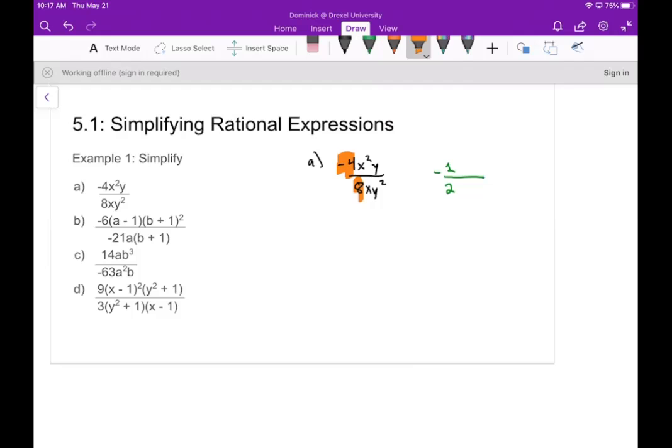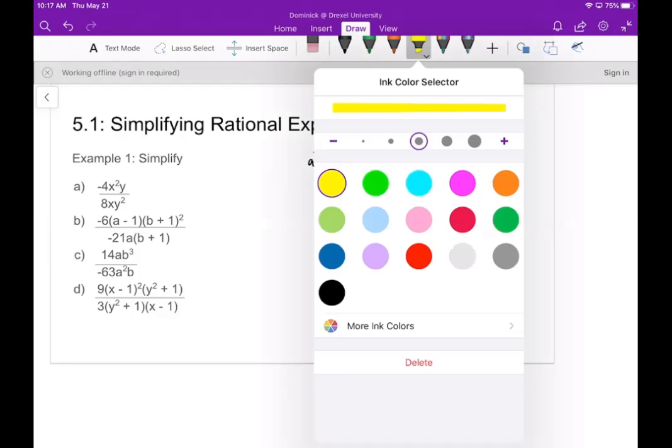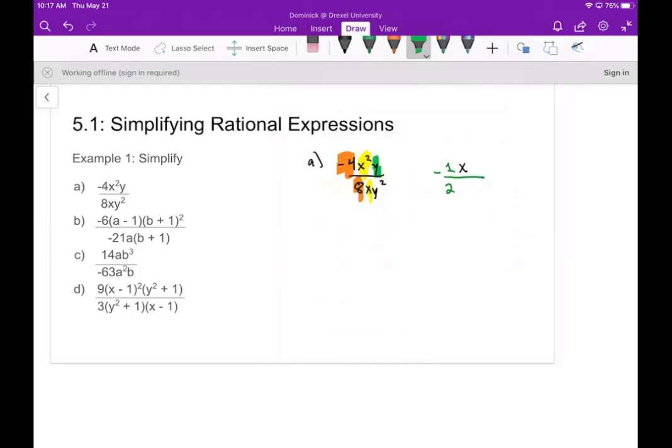Then if we look at our x's, we have x squared over x, so that's going to leave us with an x in the numerator. And then finally, if we look at our y's, we have a y in the top and y squared in the bottom, so that's going to leave us with a y in the bottom. And typically we would write this answer, instead of negative 1x, as negative x over 2y. But even if you had the other form, that would totally be fine as well.